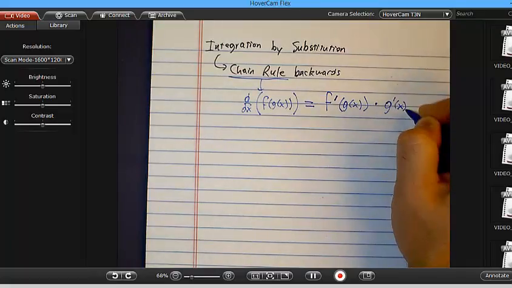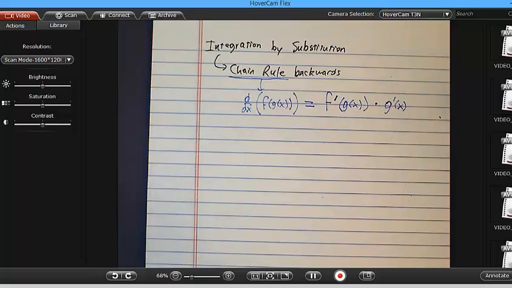Yeah, you need the derivative of what's inside, right? G prime of x.